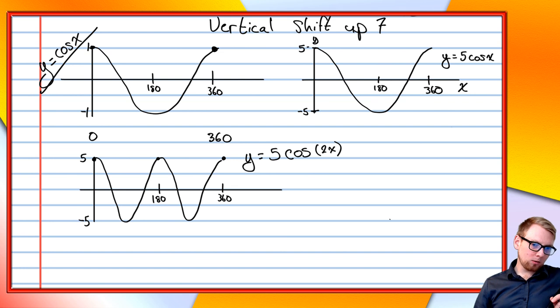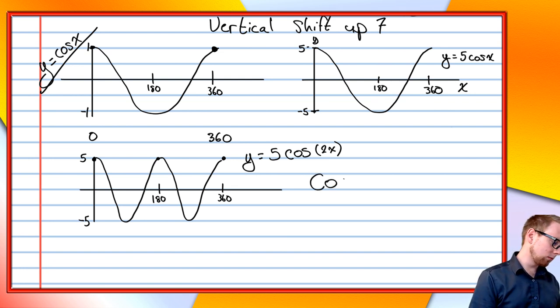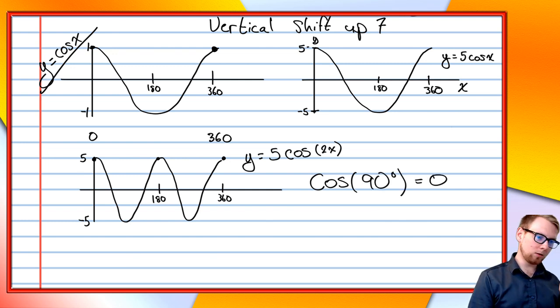So we know that the value of cosine is 0, but we have 2 times x inside the parentheses.